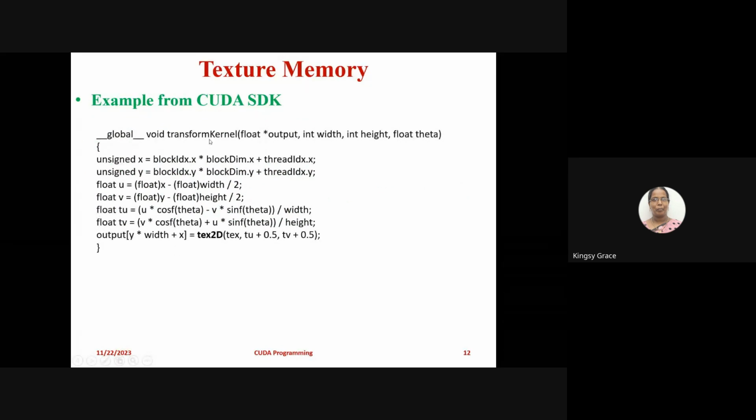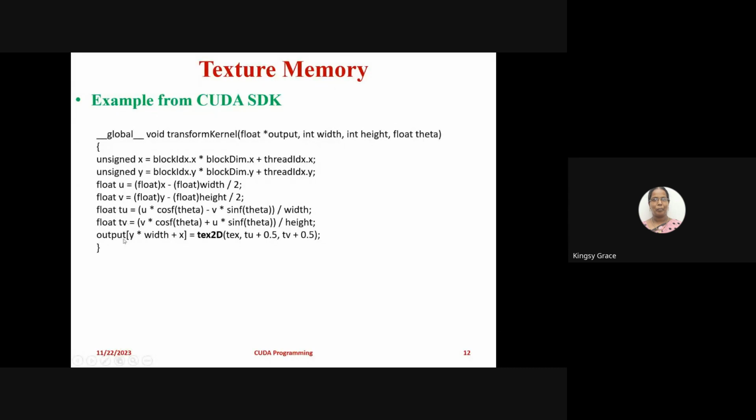Here one kernel program is given: int width, int height, float theta. All those values have been passed through the kernel. We are calculating the x and y values, u, v values, and tu, tv values.